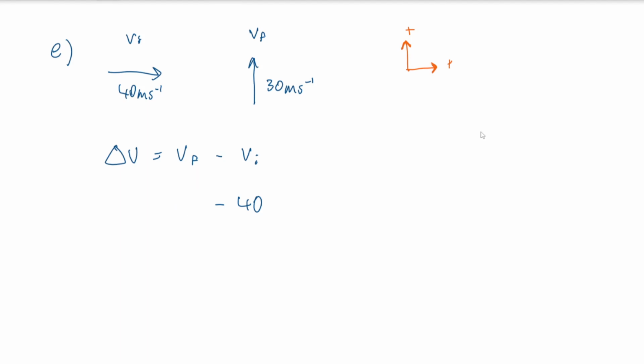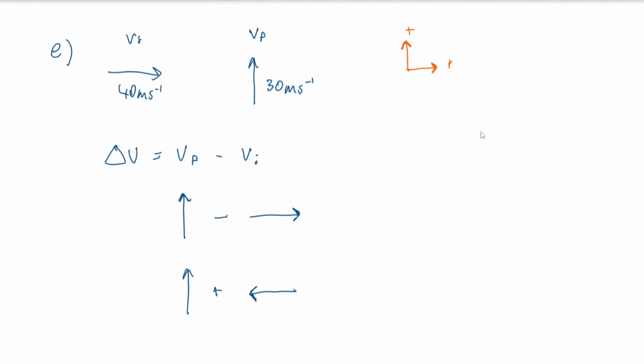Instead, when we subtract a vector, it is the same as adding the vector, but by flipping its direction. So VF being 30 meters per second upwards, if we are subtracting 40 meters per second to the right, these are vectors, it is the same as adding 40 meters per second to the left.